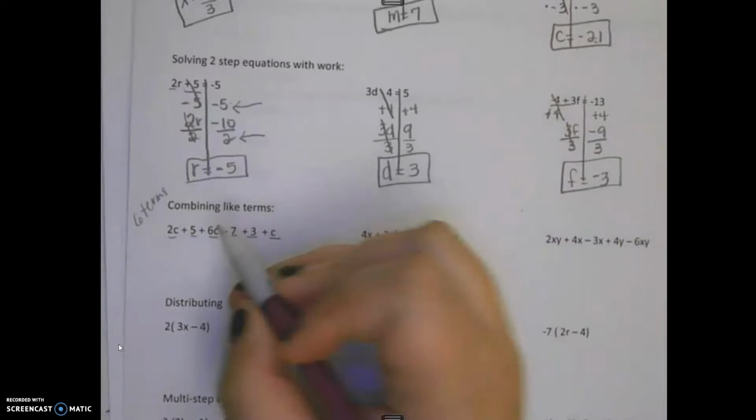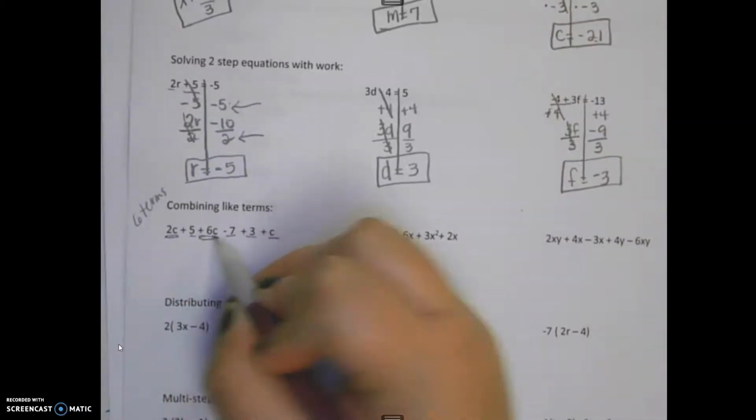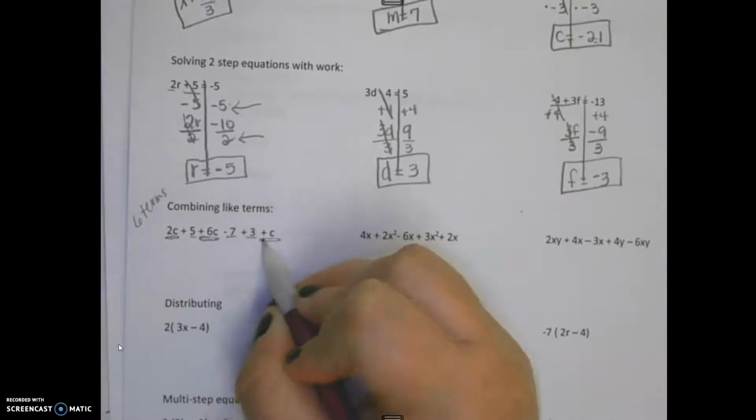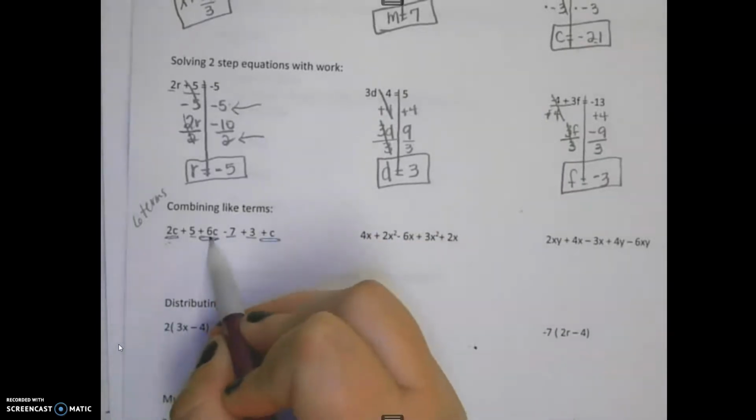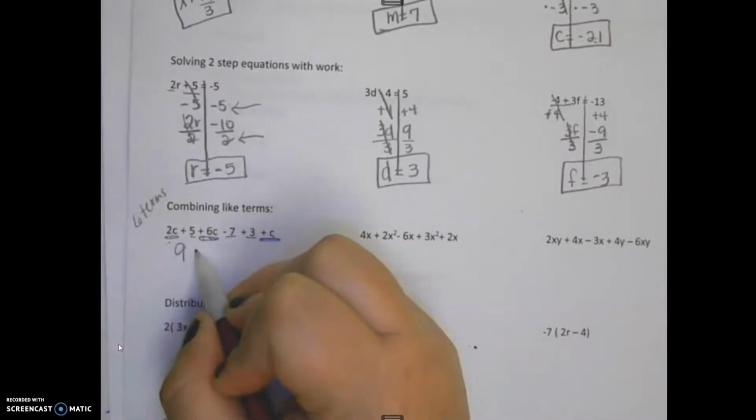And we talked about this in an earlier journal video. Alike has to have the same variable and the same exponent. So I don't have any exponents here, but I have a 2c, a plus 6c, and plus c. So 2c plus 6c is 8c, plus a 1c is 9c.